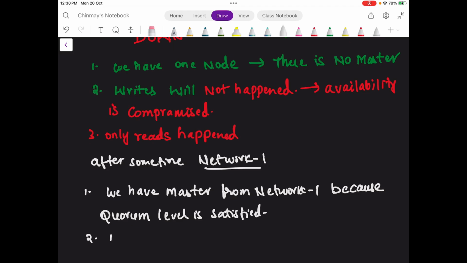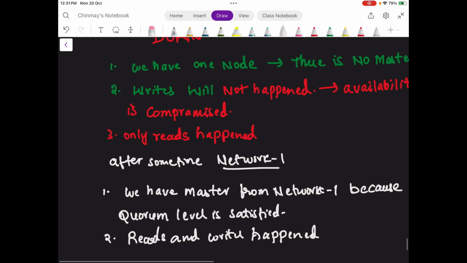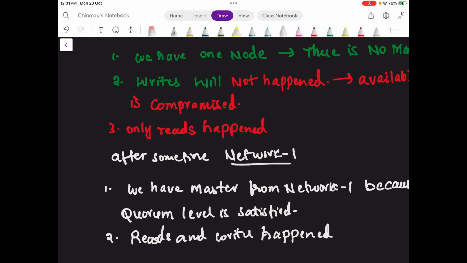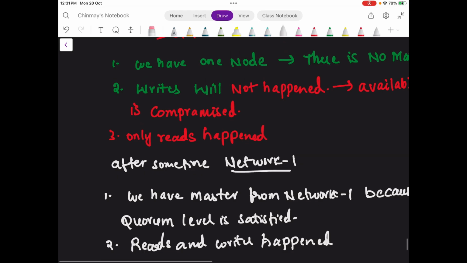Now reads and writes happen. Reads and writes happen, right? Now see, it happened perfectly. There is no issue at all.